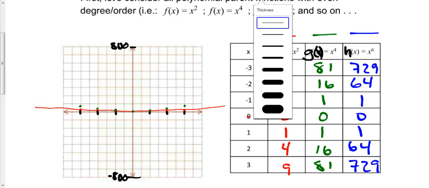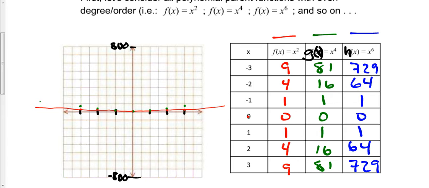And then when I connect the dots there, it's a little goofy on the right-hand side, but graphing is not precise, right? So that's x squared, or x to the fourth, I'm sorry.